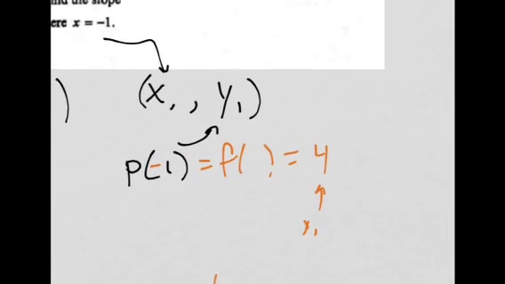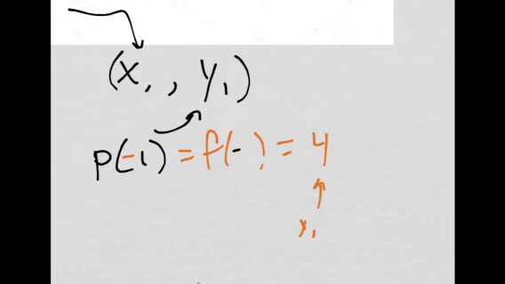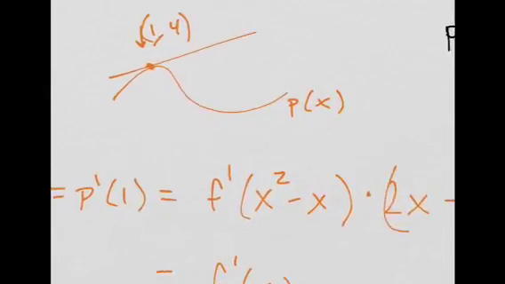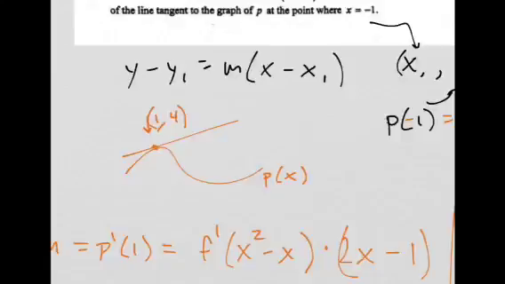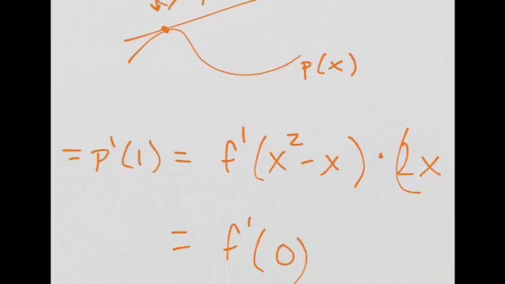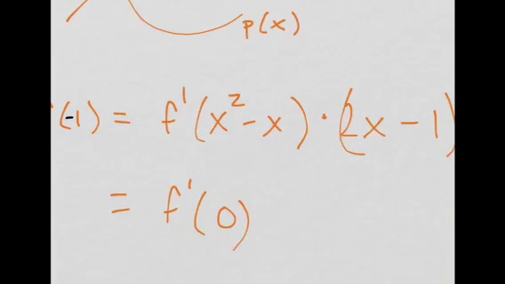So that would be f of -1. That would be 3. So the x value should have been -1. The y value should have been 3. And then -1. That makes it a lot better.